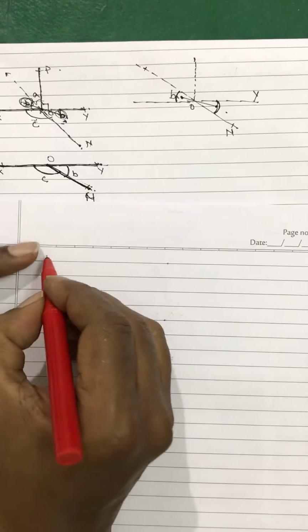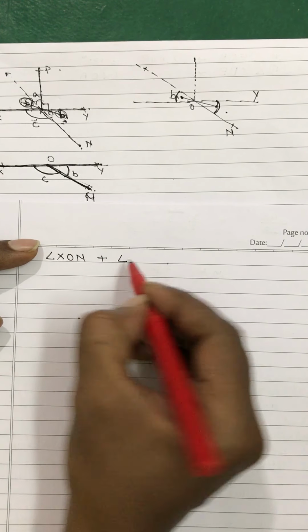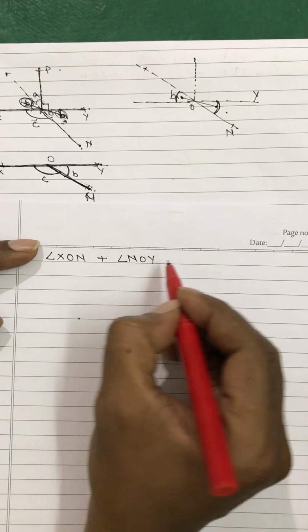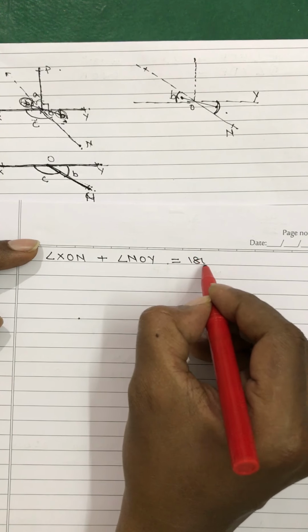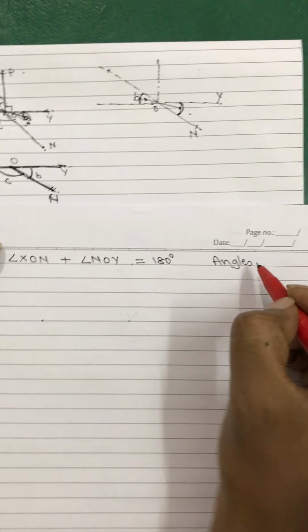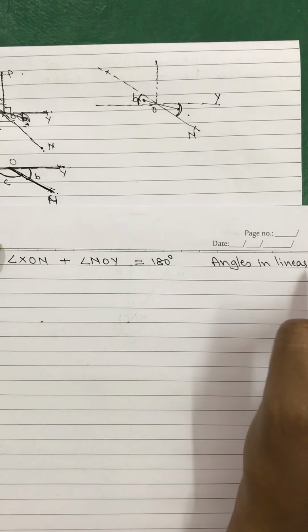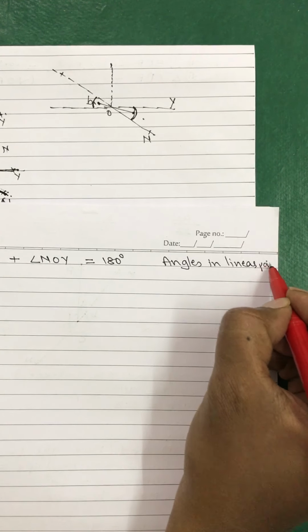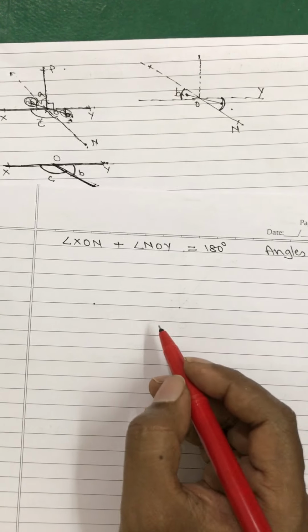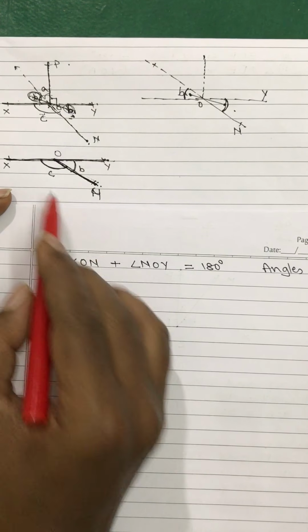Angle XON plus angle NOY is equal to 180 degrees, because angles in linear pair are supplementary. XON is C, right?